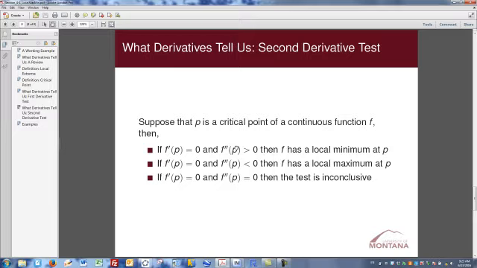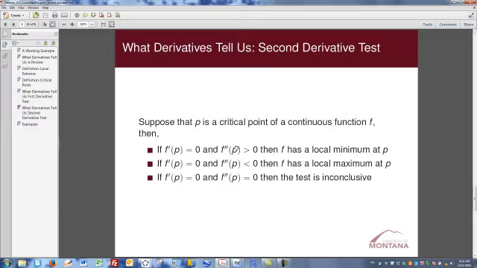So if f prime of p is equal to 0 and the second derivative is greater than 0 at a critical point, then what we have is a local minimum, right? Because the thing's concave up. And if f prime of p is equal to 0, zero-valued slope, and f double prime of p is less than 0, a negative concavity or downward concavity, then f has a local maximum at p.